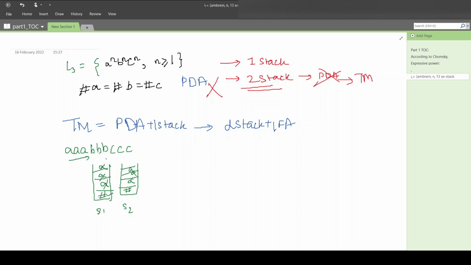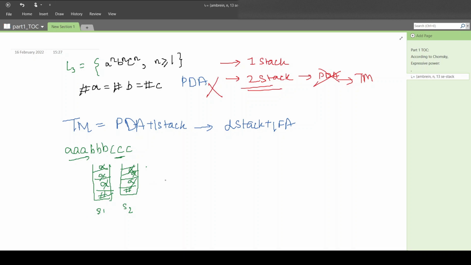And we'll pop a's when we see b, and next time when we are seeing c's, we'll pop a from the other stack. Yes, c c c will pop it.